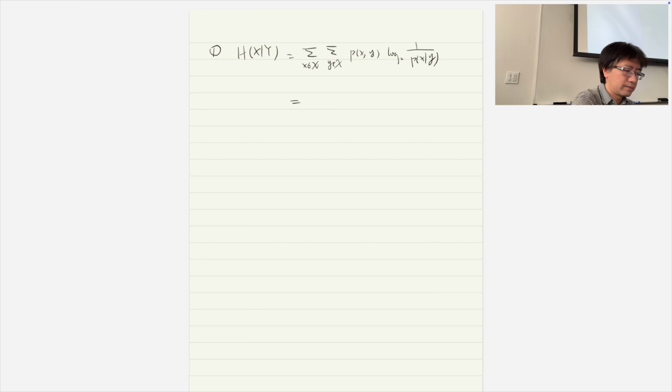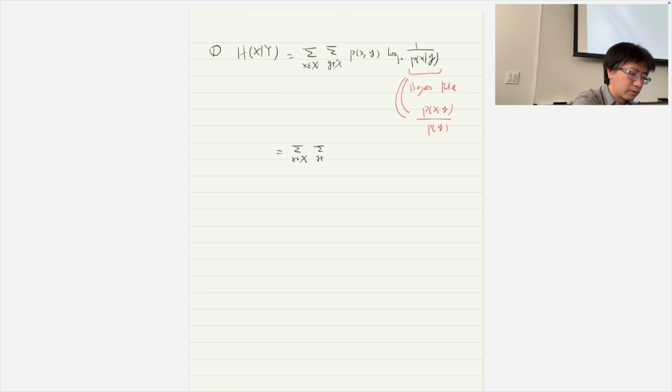The first step is that we have a conditional distribution here. By using the Bayes rule, this equals p(x,y) over p(y). Let's plug that in and see what happens.